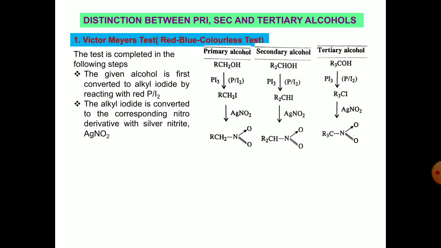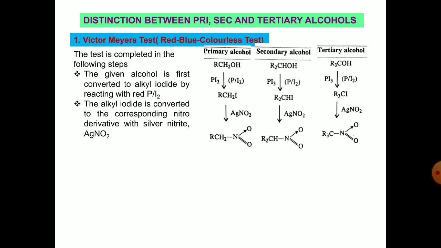For primary alcohol, it is RCH2NO2. For secondary alcohol, R2CHNO2. For tertiary alcohol, it is R3CNO2.